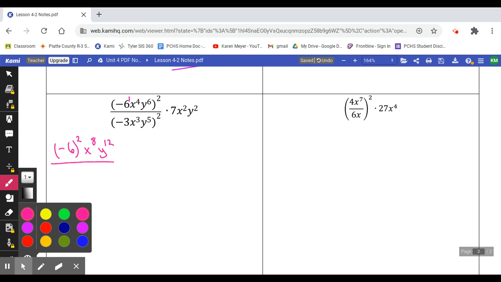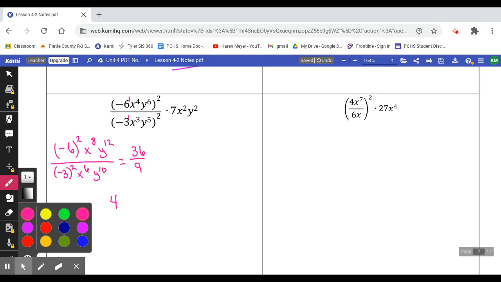On the bottom, I'm going to get negative 3 raised to the 2nd, x raised to the 6th, and y raised to the 10th. Okay, negative 6 raised to the 2nd is positive 36. On the bottom, negative 3 raised to the 2nd is 9. And 36 divided by 9 is 4.